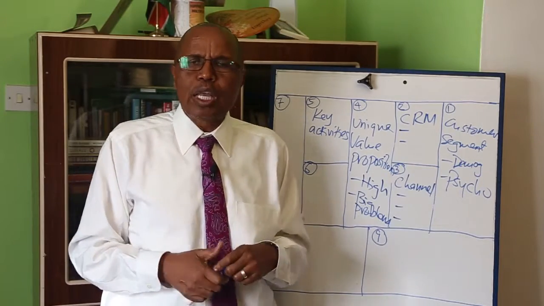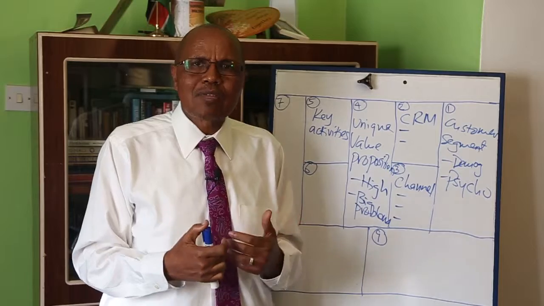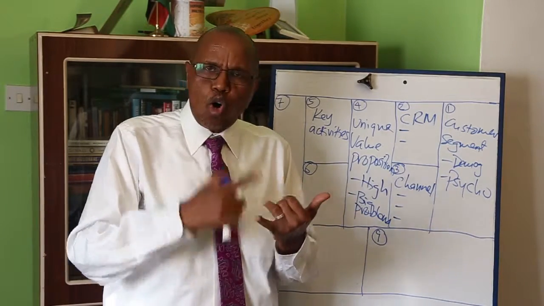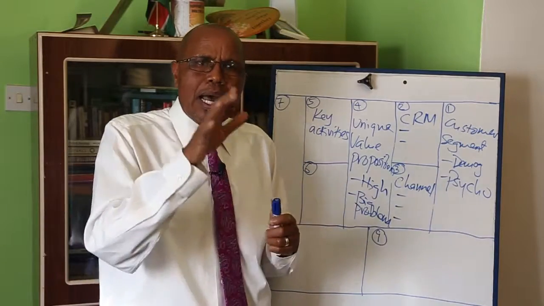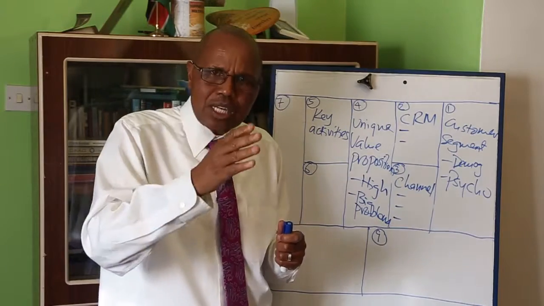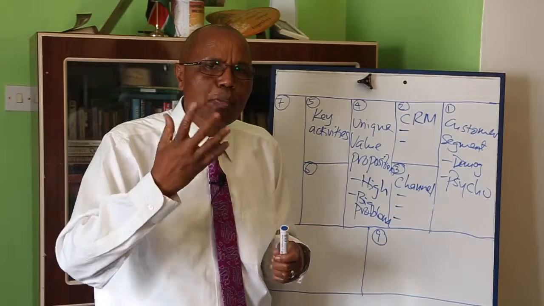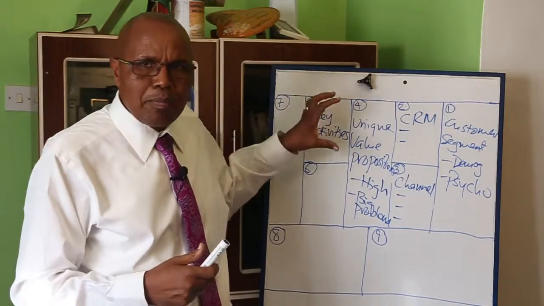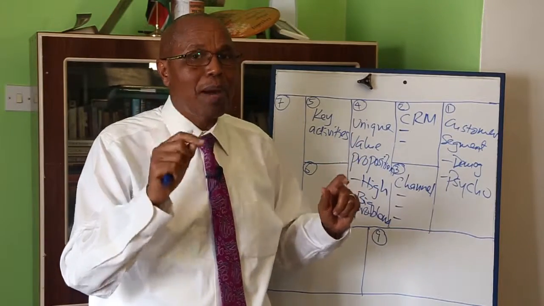So, for example, if you're in medical supplies, the key activity perhaps is ordering, bringing in the medicine, stocking up, and then the main activity is contacting, selling your product to your customers and distributing. So sales is a big part of your business, and distribution is a big part of your business.